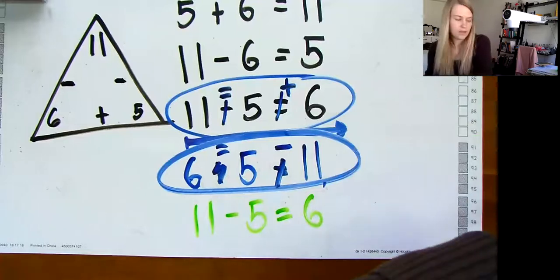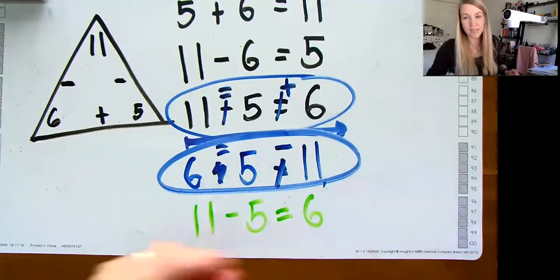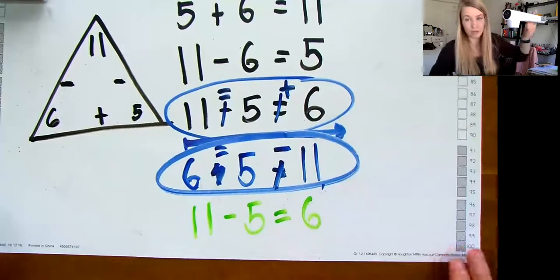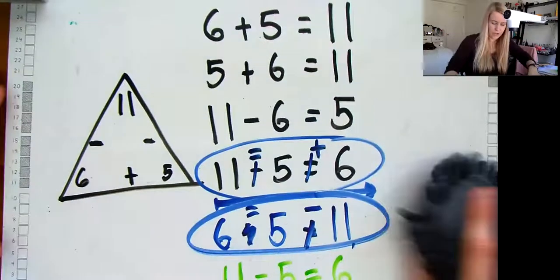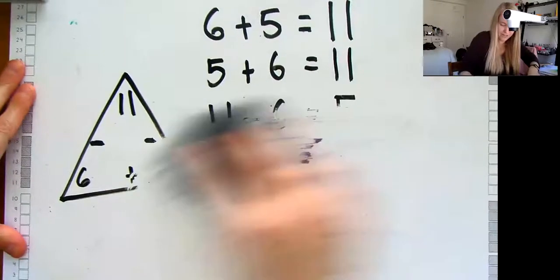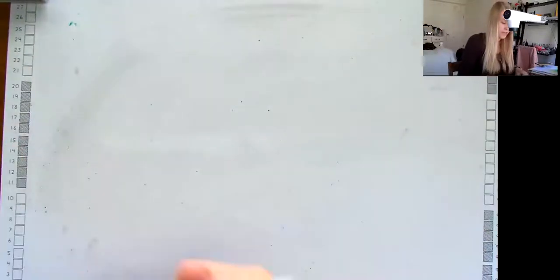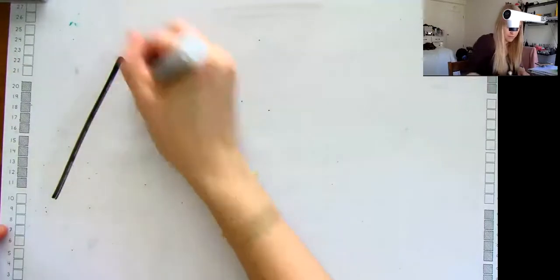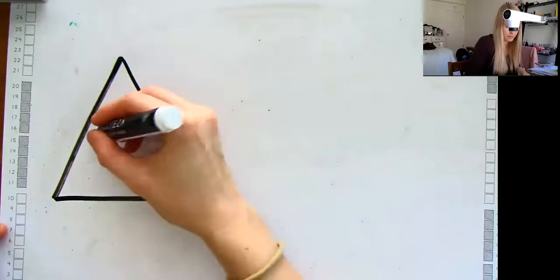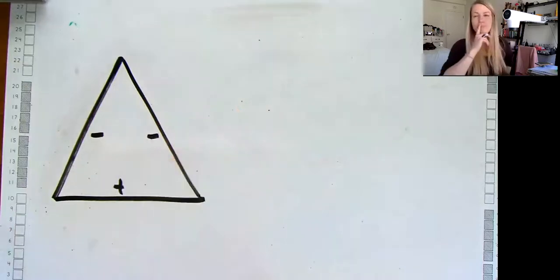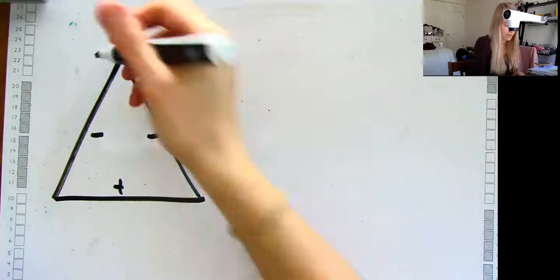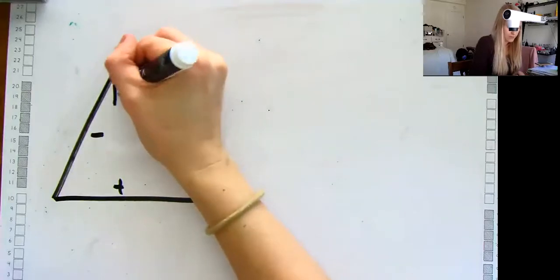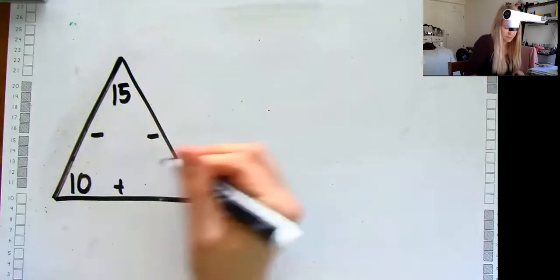Pretty cool. Okay, now I'm going to give you a triangle, and I want you to write all the fact families for what's in the triangle. On your own. Go. Well, don't go. I need to give it to you. All right. The triangle is some numbers like this. 15.